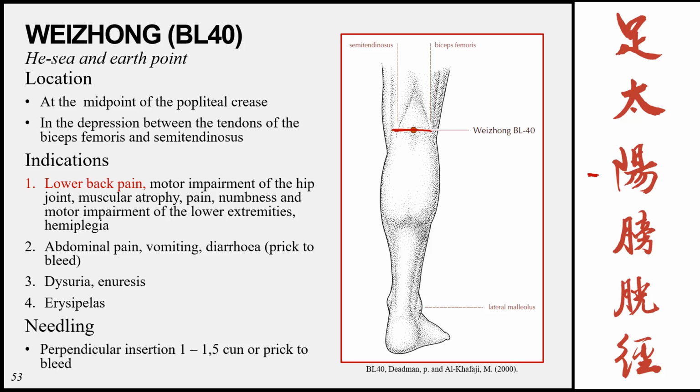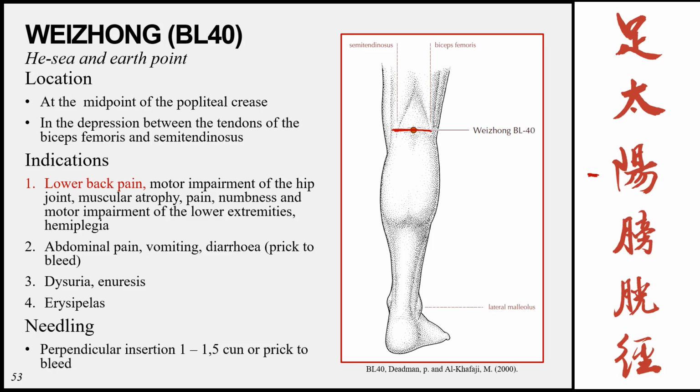So we just prick the area to bleed. And this is related to it being a Hersey and earth point, so it can treat its associated organ. And then we also can use it for things such as dysuria, enuresis, erysipelas. And the needling, we're going to be needling perpendicular insertion, 1 to 1.5 cun, or prick to bleed.